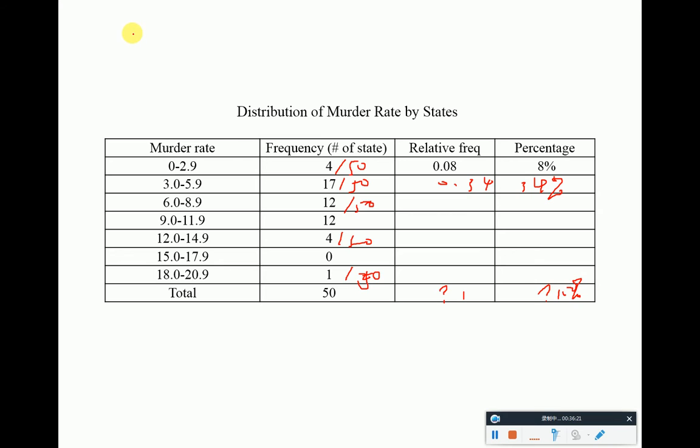Because we know relative frequency equals the sum of proportions. So we know the common denominator here is 50, because we always divide an absolute frequency by the total number of observations.